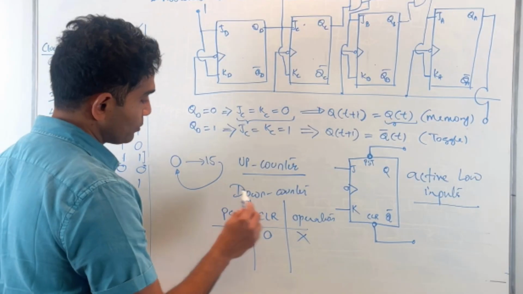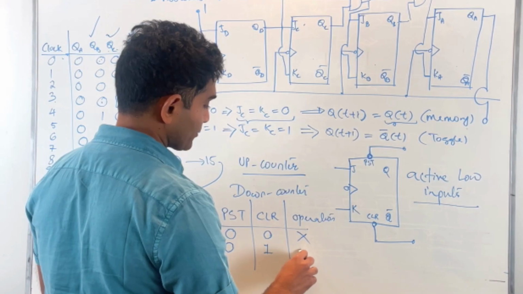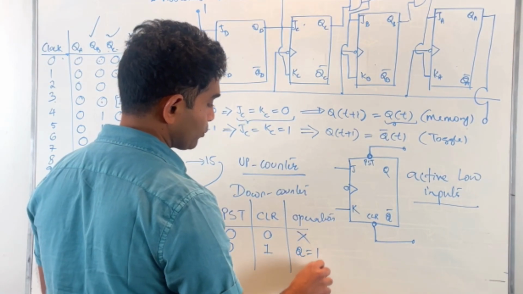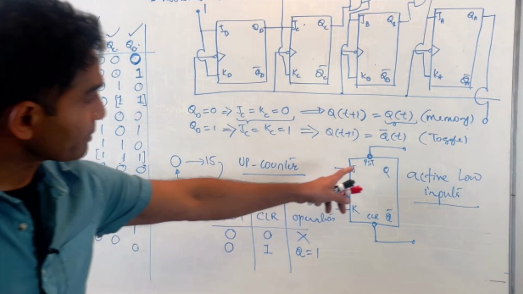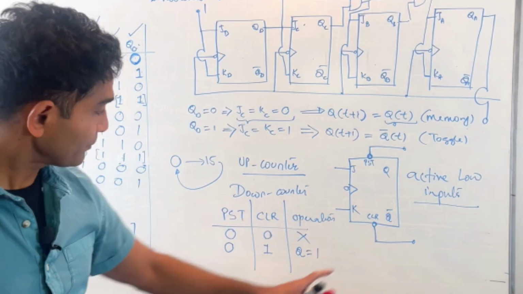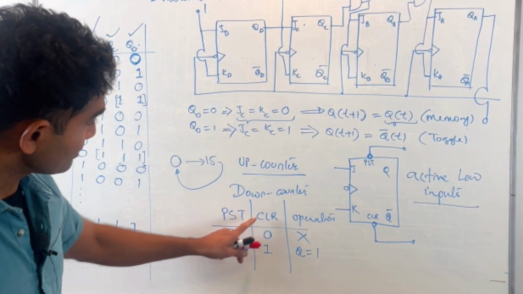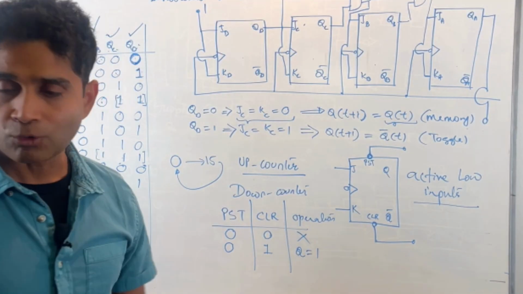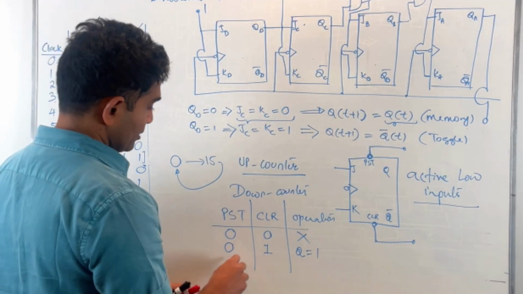Preset 0, clear 1 means I am forcing Q to assume a value of 1, because the inputs are active low.